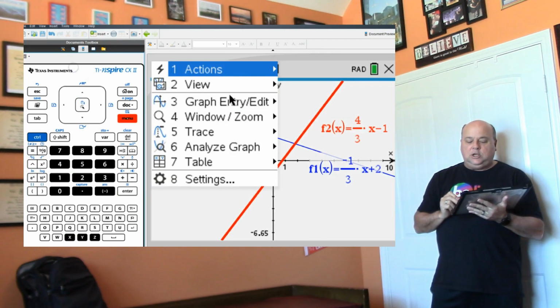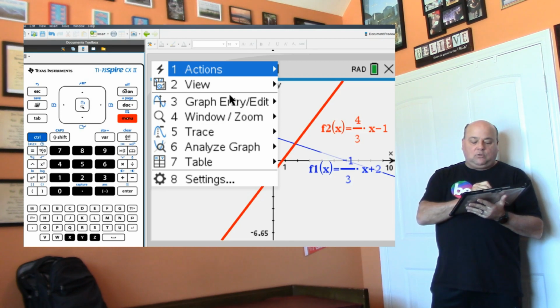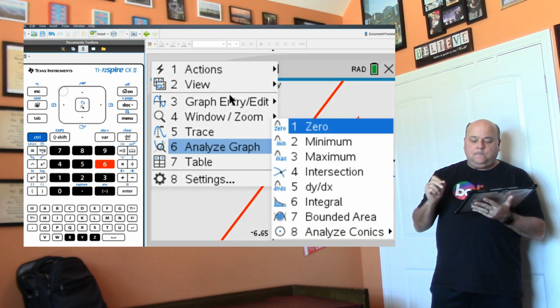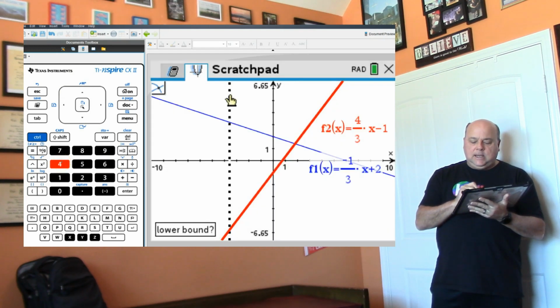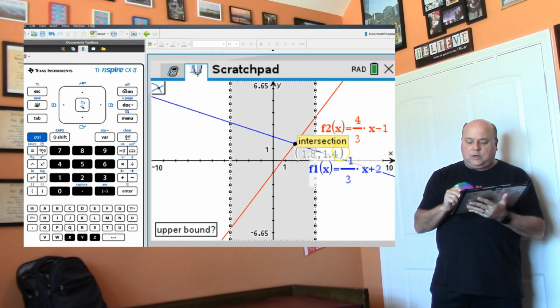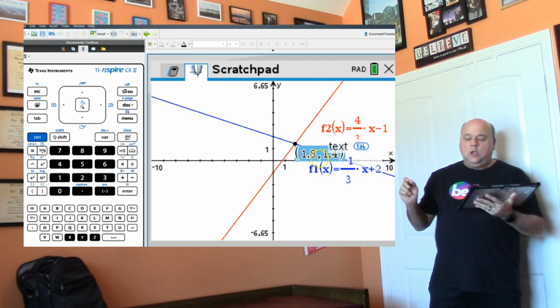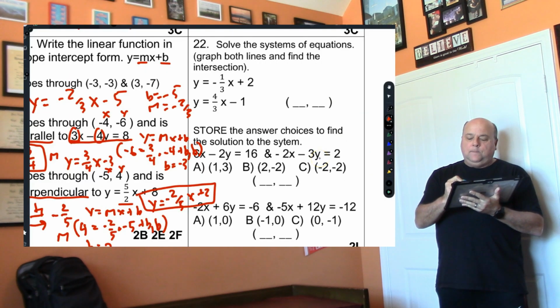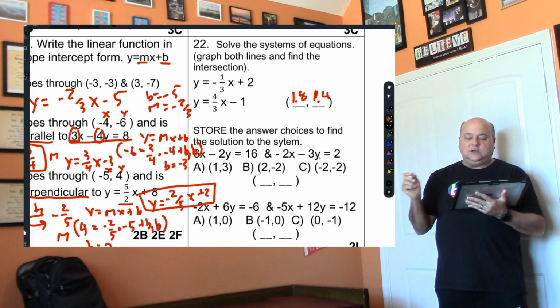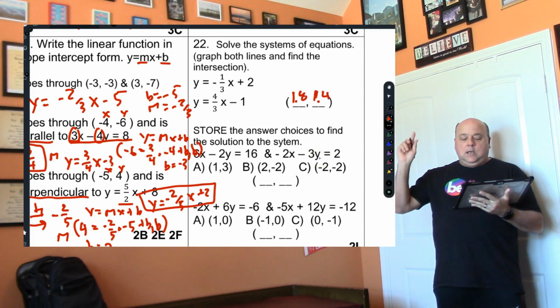So I'm going to do menu. I need to analyze a graph, which is 6. And then I want the intersection, which is 4. Okay, I'm going to click, and then I'm going to drag, and bam, right there. 1.8 and 1.4 is my intersection. So 1.8, sometimes they won't be decimals, and 1.4 is my intersection point, okay?